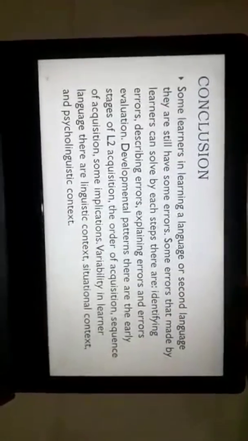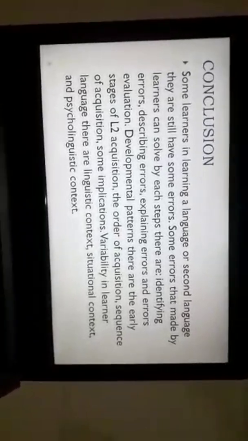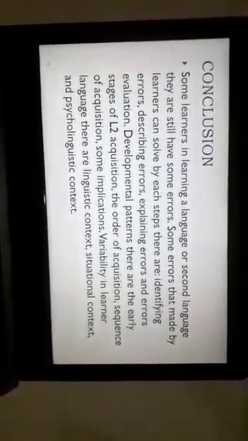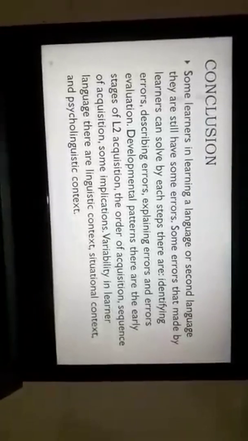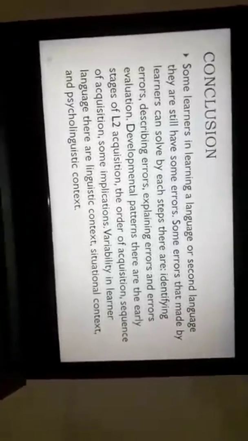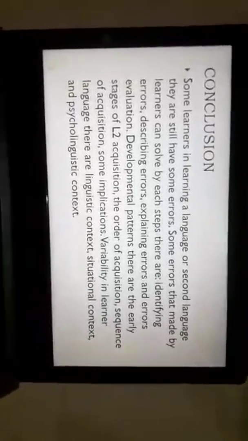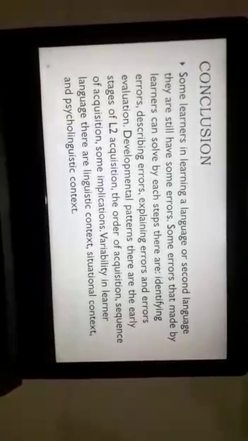And the conclusion: some learners in learning a language or second language still have some errors. Some errors made by learners can be solved step by step. There are identifying errors, describing errors, explaining errors, and error evaluation.